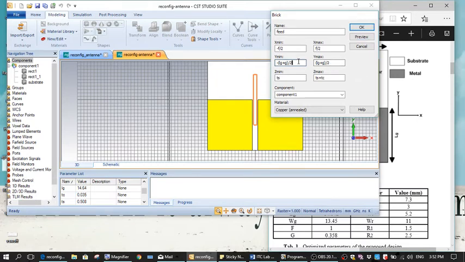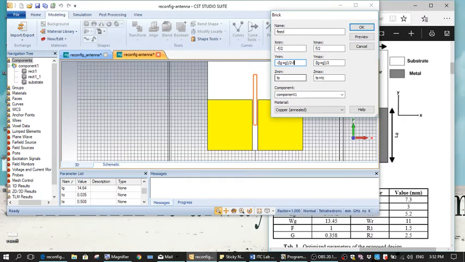I want to push this towards the bottom. For that I need to make y minimum more negative. I think I need to add half of this value, which is half of Lg.